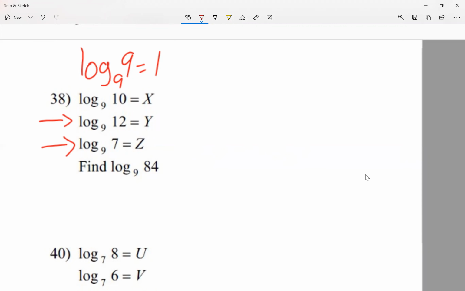Let me break this as log base 9. Now inside my parentheses, let me go 12 times 7. Now 12 times 7 is 84, right? So I change that as 12 times 7. Now multiplication in a log, don't we split that as addition of two logs?